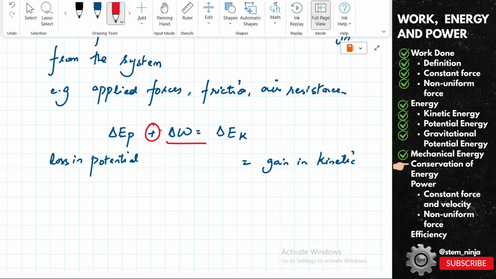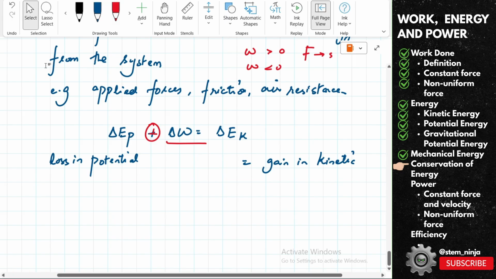Okay, so we are already familiar with the work kinetic energy theorem, that if the work is positive, force is in the same direction as the displacement. But if the work comes out as negative, that means force is opposite to displacement, or displacement is in the opposite direction to force.